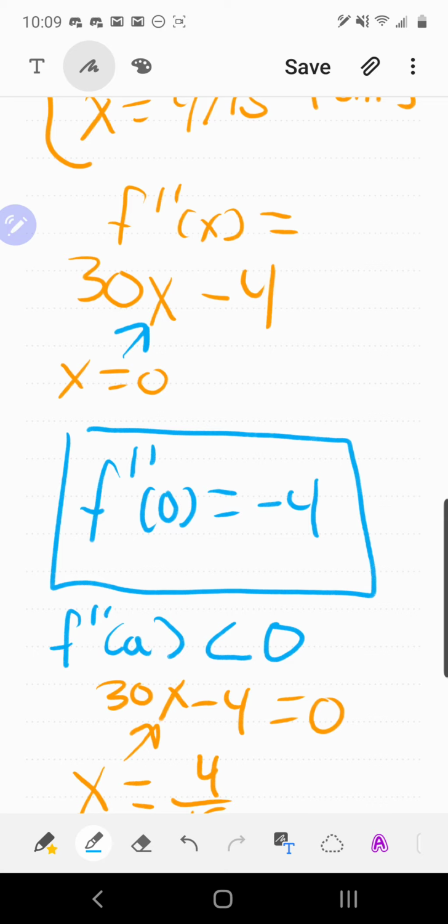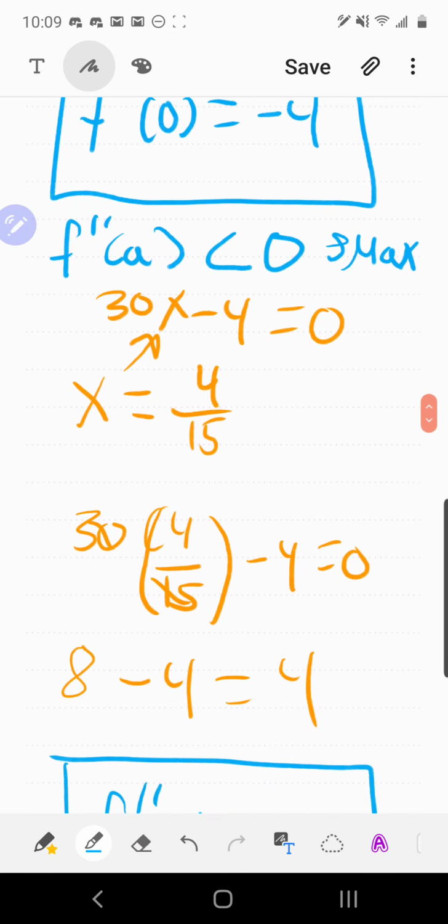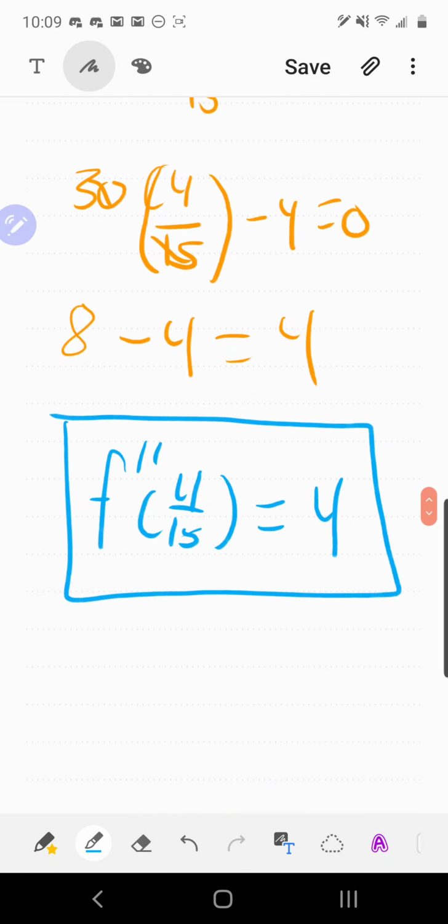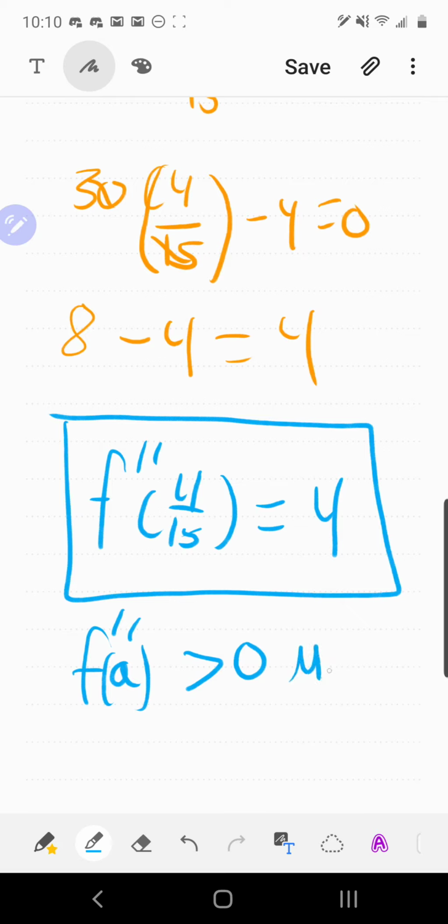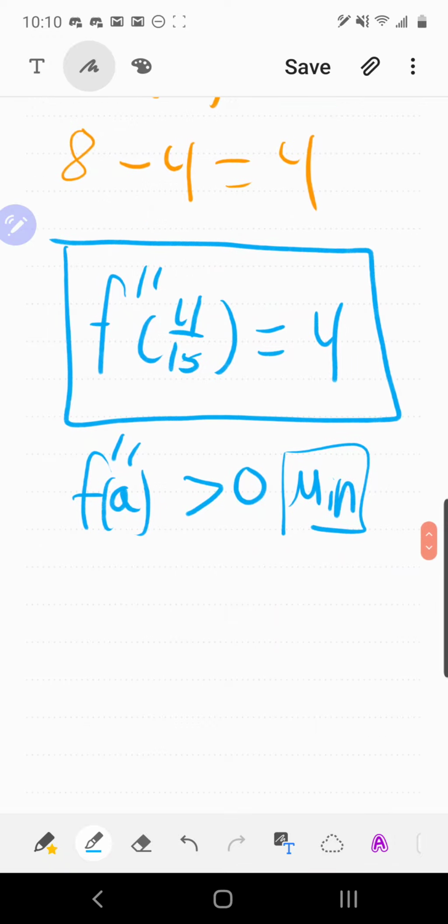So if you remember from calculus, if the solution for your second derivative test is negative, meaning less than 0, you have a maximum. It's a little counterintuitive. It's kind of the opposite of what you'd think it would be. And since this one is greater than 0, this will be a minimum. So you're greater than 0, you get a minimum. You're less than 0, you get a maximum. So that would be the two descriptions of our maximums.